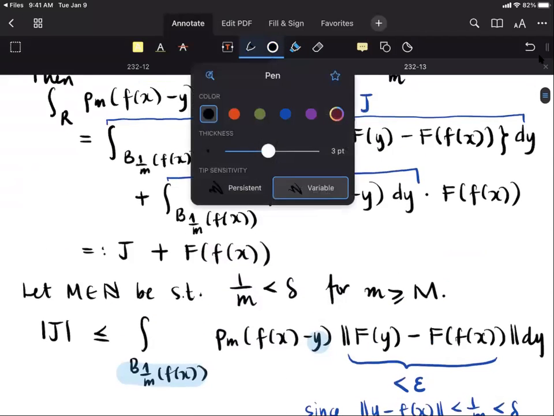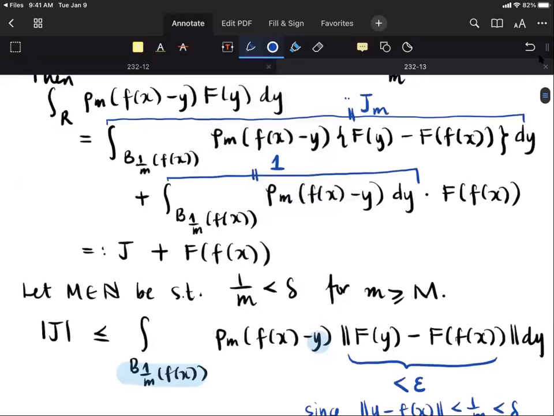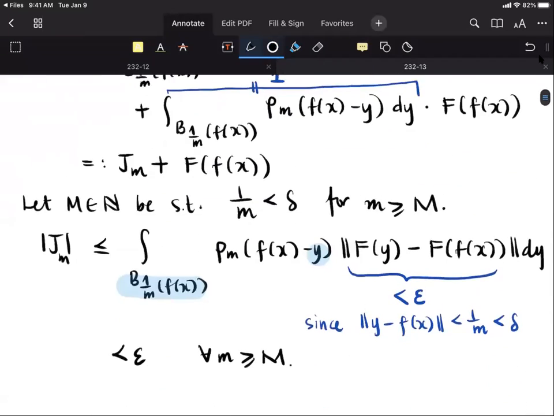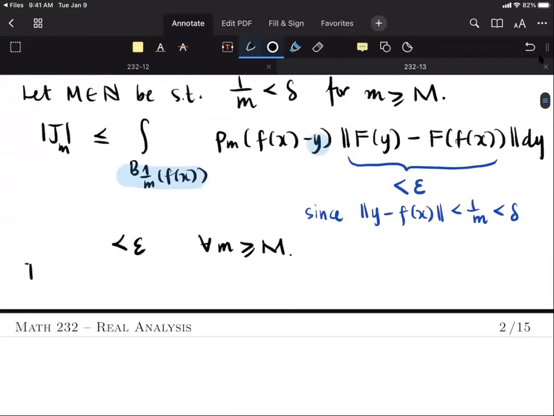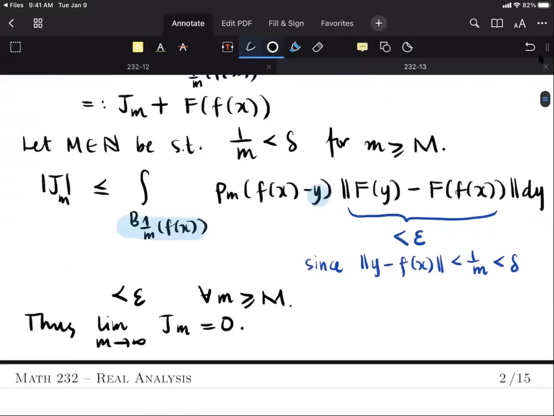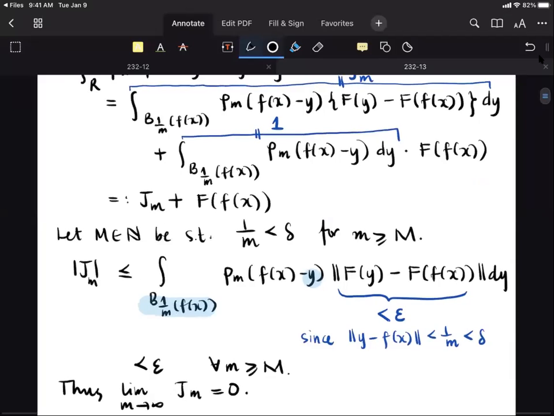So it must be proper to put a subscript m on j to emphasize its dependence on m. Thus, the limit as m goes to infinity of jm is 0 by the definition of the limit of a sequence.